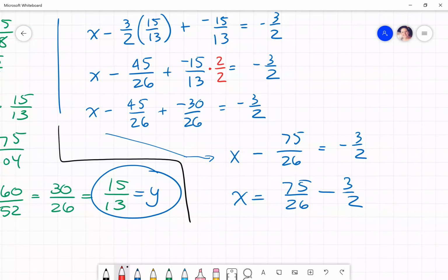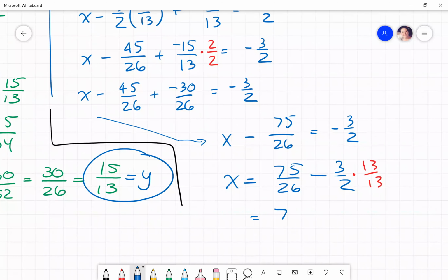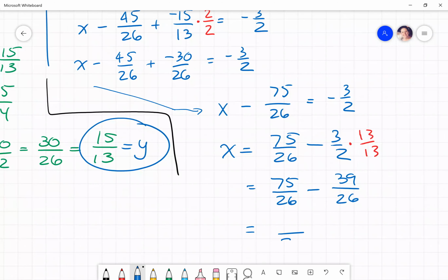All right, which means if I multiply this one by 13 over 13, I get a fraction with a denominator of 26 and a numerator of 39, which is whatever 75 minus 39 is. And it is 36.